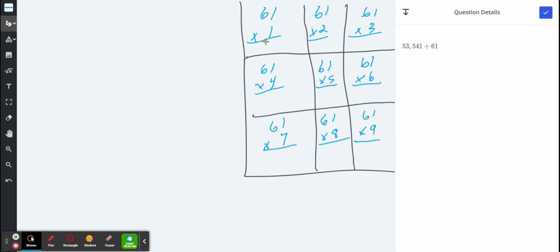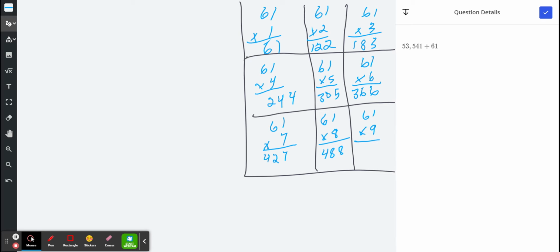Okay, so 61 times 1 is just 61. 61 times 2, well, 2 times 1 is 2. 6 times 2 is 12. 61 times 3, let's see, 3, 18, so 183. 61 times 4, 6 times 4 is 24, so 244. 61 times 5, let's see, 5 and 30, 305. 61 times 6 is 6, and 36, so 366. 61 times 7, let's see, 427. 61 times 8, 488.